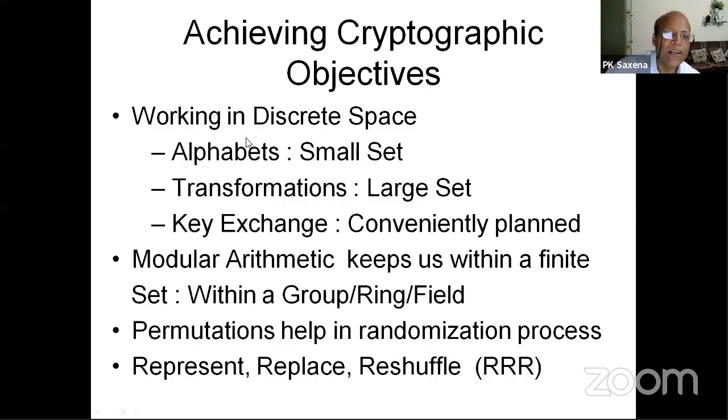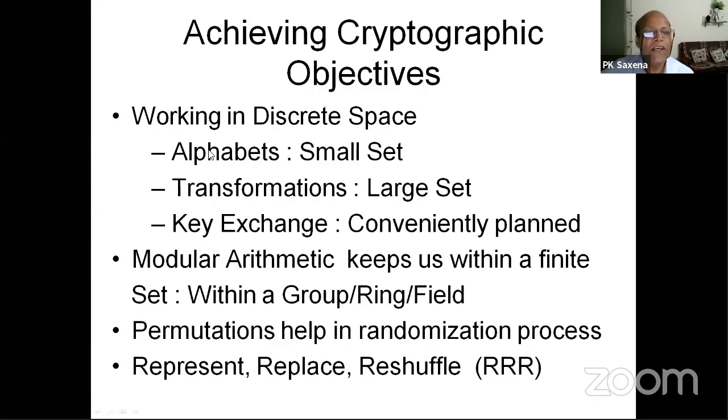So there are different ways in which we work and decide about this transformation. But this field structure, group structure and ring structure provide us a finite set. So if I'm here within a group, ring or field, it means we are considering only finite sets. And there are operations here, multiplication and addition, which keep us within that.